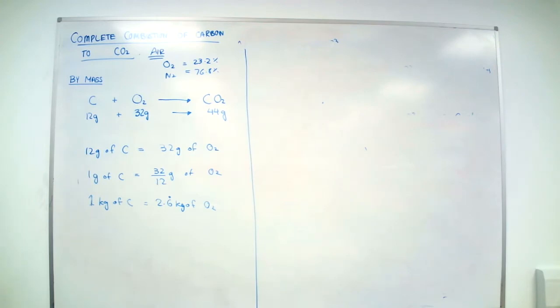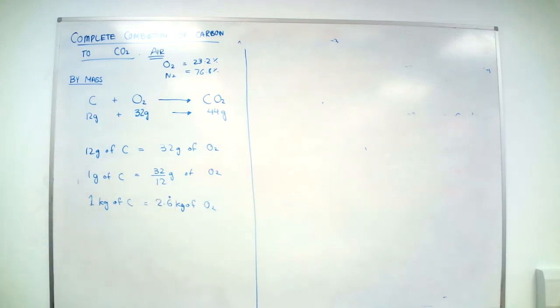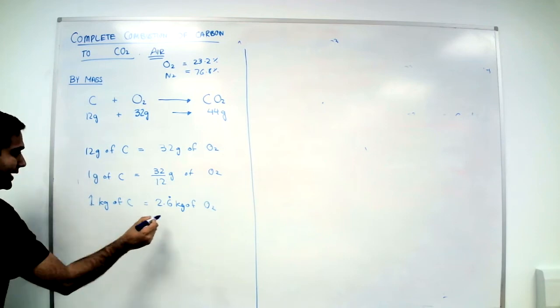So if we want to find out how much air we need, obviously this is how much oxygen we need, but we need to find out how much air we need.